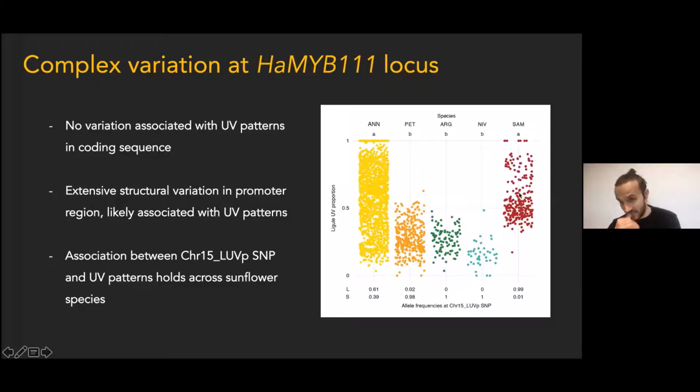While in cultivated sunflower, the SAM population, the Sunflower Association Mapping population that was mentioned before, the large allele instead is almost completely fixed, and consistent with that, you have mostly plants with intermediate to large floral UV patterns.